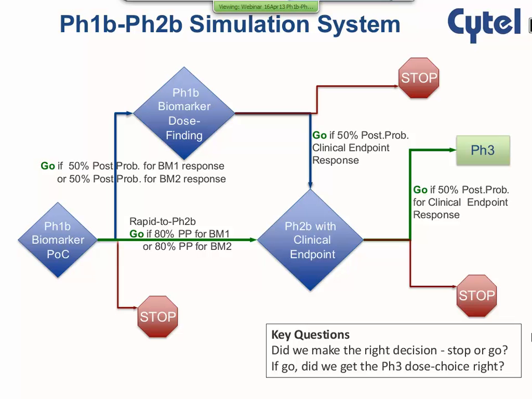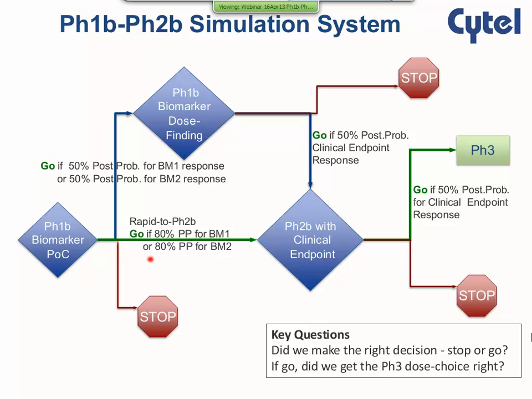So this is the same schematic as shown before, but there's an additional item. Namely, if the results of the biomarker POC trial are highly robust, namely a much larger posterior probability for biomarker response, then we have an option to skip the biomarker dose-finding trial and move directly to the phase 2B trial. Now, we don't have dose-response information, so we have some pre-selected doses.